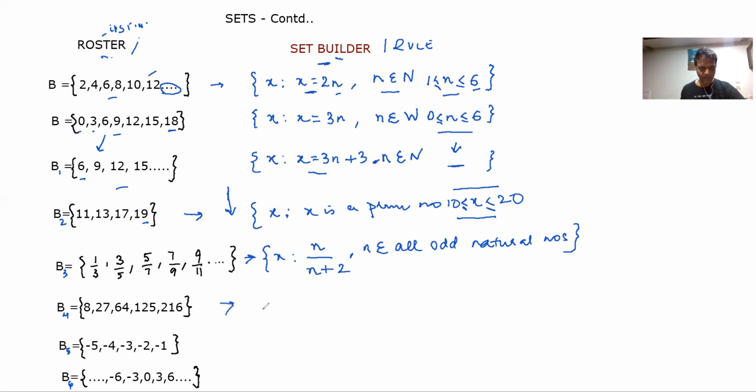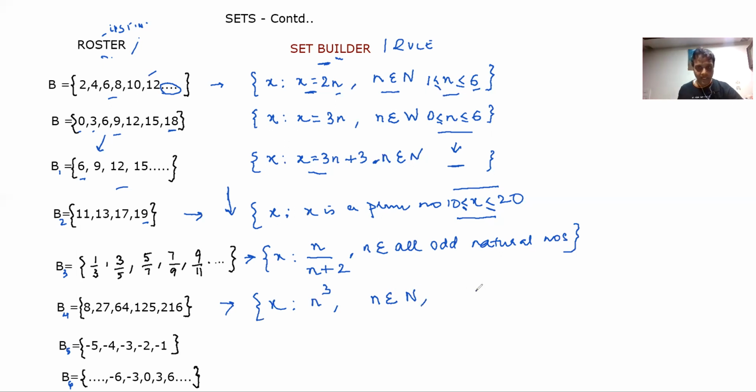Let's move to the next one. Again, the curly bracket. Again, X is such that what? I see the cubes here. X is such that X is equal to n cube, where n is the element of natural numbers. But since there is no open-ended series, I'll have to put a range.